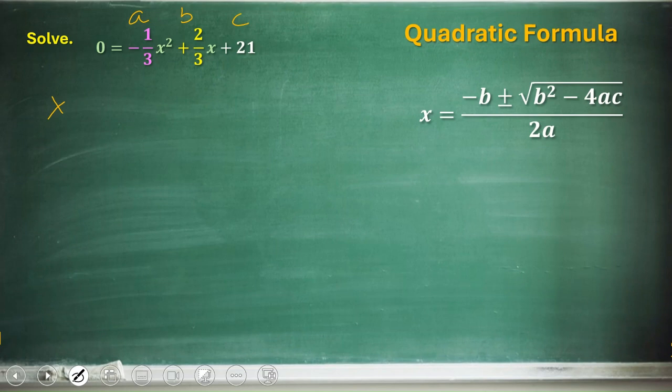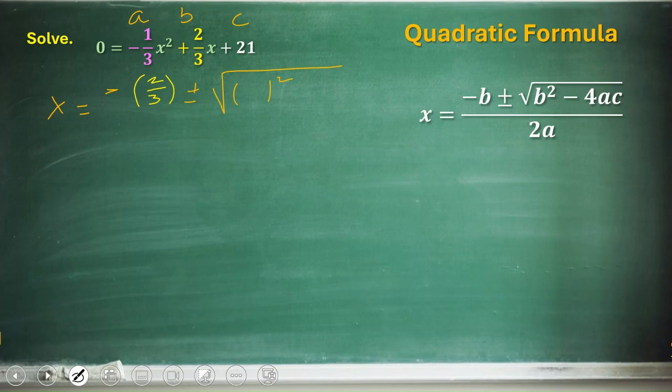So I'm going to go ahead and substitute x equals negative b. So I'm going to put a negative sign, and I'm going to substitute 2/3 in here. Plus or minus the square root of b squared.